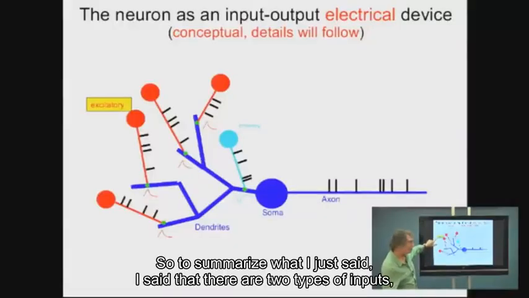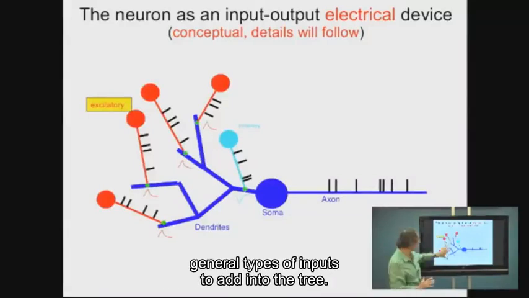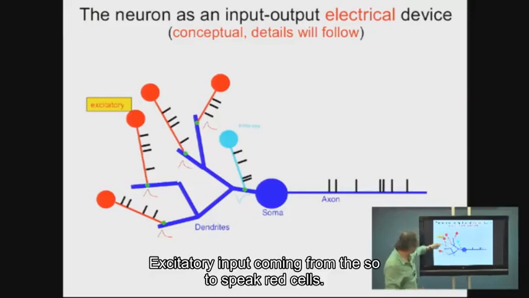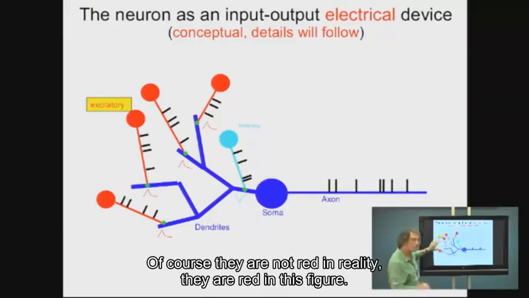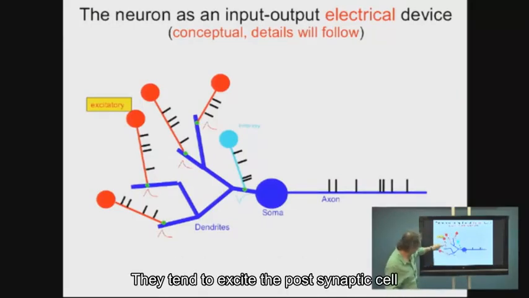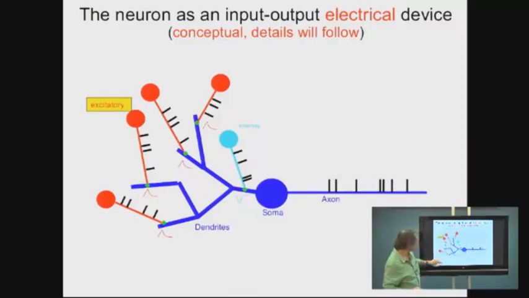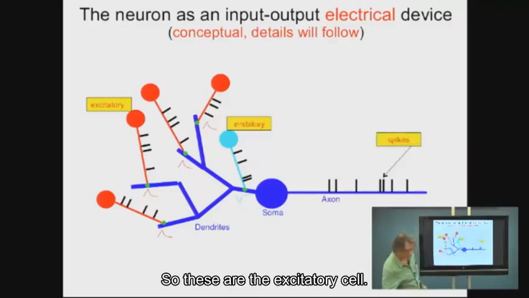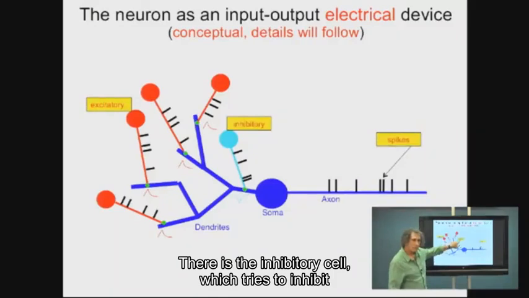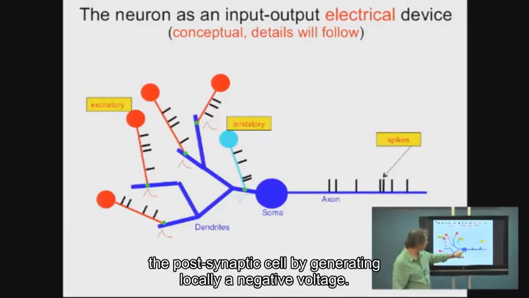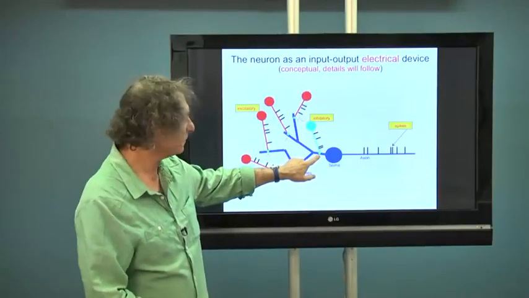So to summarize what I just said, there are two general types of inputs to a dendritic tree. Excitatory input, coming from, so to speak, the red cells. Of course, they are not red in reality. They are red in this figure. They tend to excite the postsynaptic cell by generating locally a positive potential. So these are the excitatory cells. There is the inhibitory cell, which tries to inhibit the postsynaptic cell by generating locally a negative voltage.